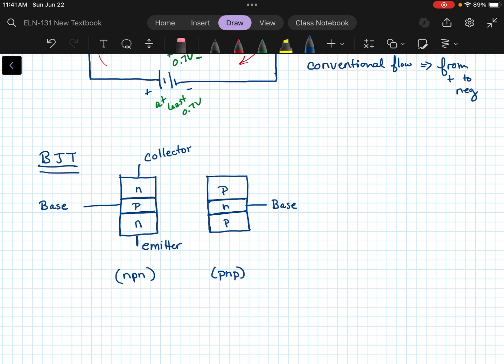The N-type material for the emitter is more heavily doped, okay, whereas for the collector, it is more moderately doped, or lightly doped, we would say. Also, the base material is lightly doped as well.